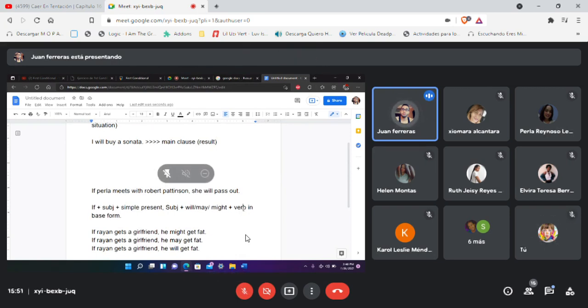Now, yes. Okay. So the idea, guys, for the conditionals is that you can say what are the possible results for specific situations. Lo que la primera condicional quiere establecer es cuáles son los posibles resultados para una situación X. If Ryan gets a lot of money, what are the possible results?